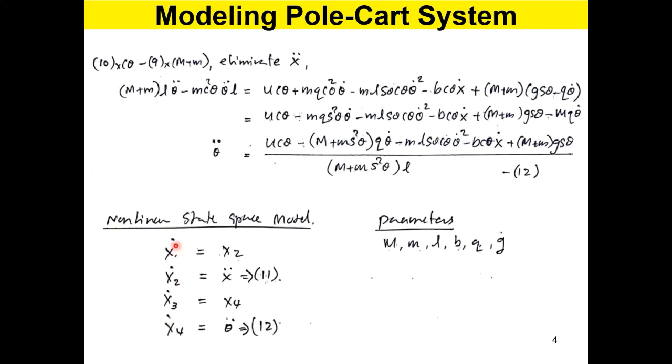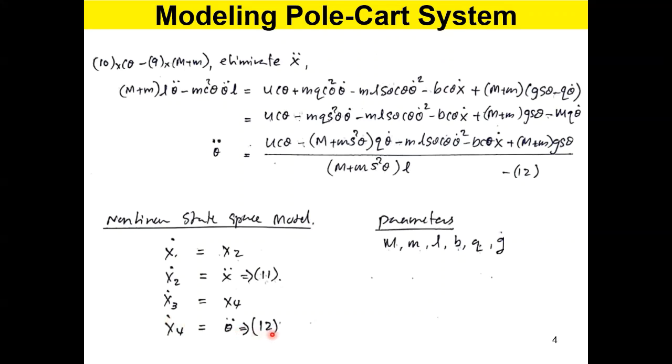So x1 dot is the velocity of the car, and x2 dot is the acceleration of the car. And for that, we have an equation. x3 dot is the velocity of the pole, and x4 dot is the acceleration of the pole, that is theta double dot.